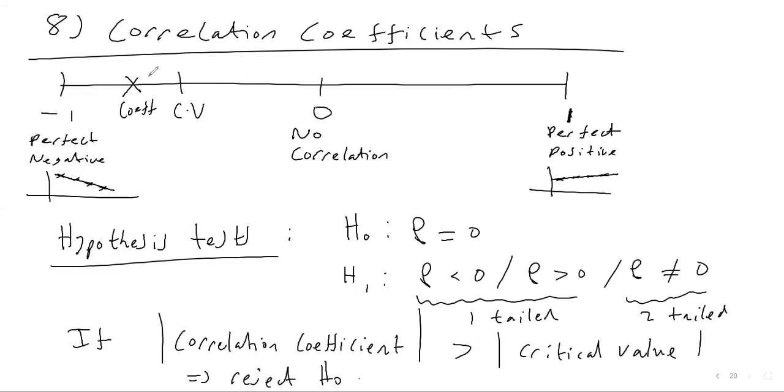Now this is more extreme than the critical value, so it's close to -1. So therefore we would reject H naught because it seems like there could be a correlation. It's unlikely to assume that there's no correlation. We would assume that there probably could be a correlation. So that's the correlation hypothesis test.